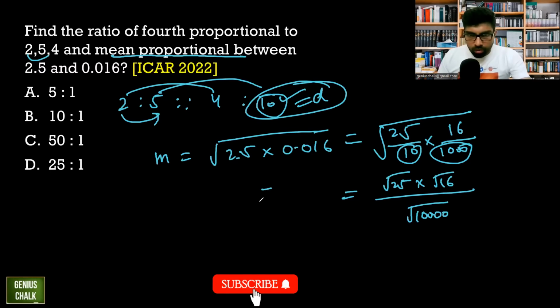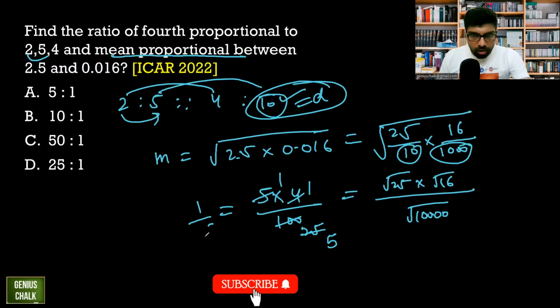Now what is root of 25? 5. Root of 16 is 4. Root of 10,000 is 100. So this is 4, 25 is 100. So I have got as 1 by 5. So what is this value of M, the mean proportional? That is 1 by 5. Now what is asked? They are asking the ratio of these two.